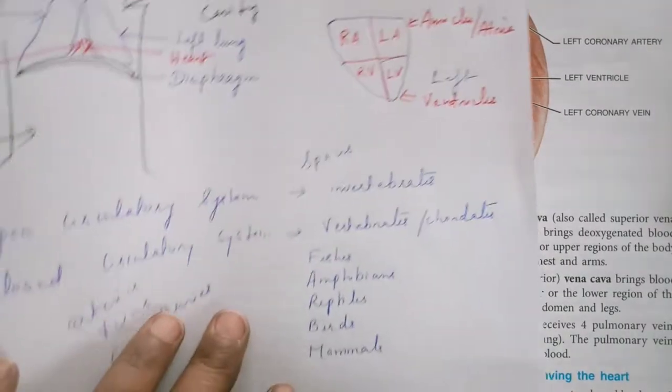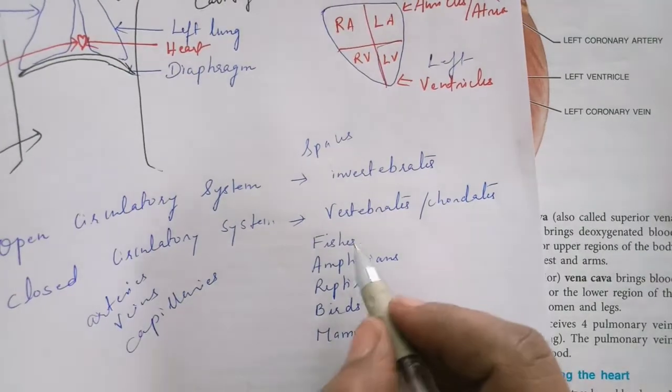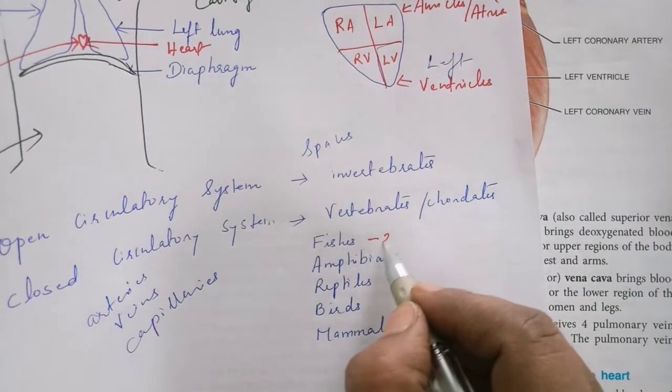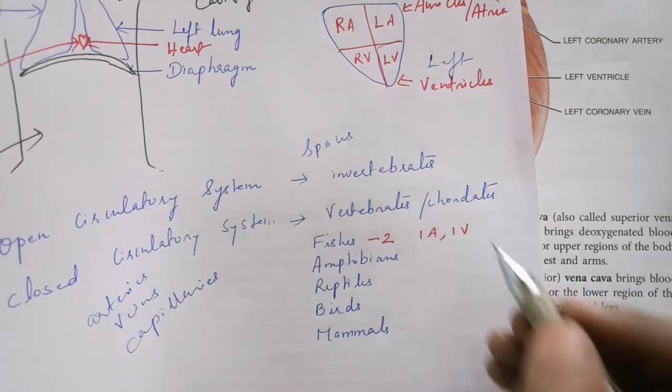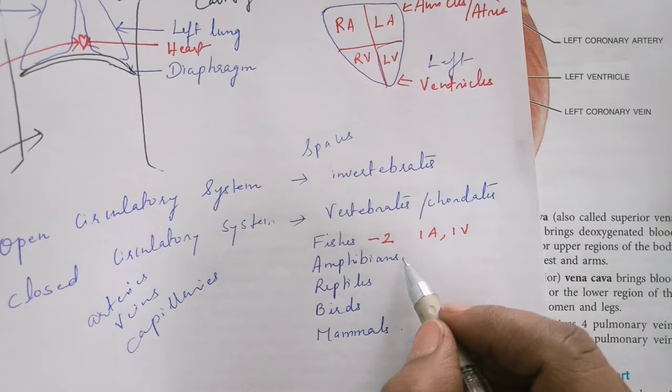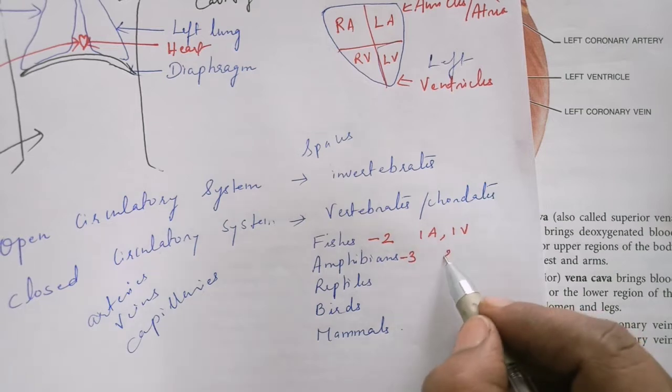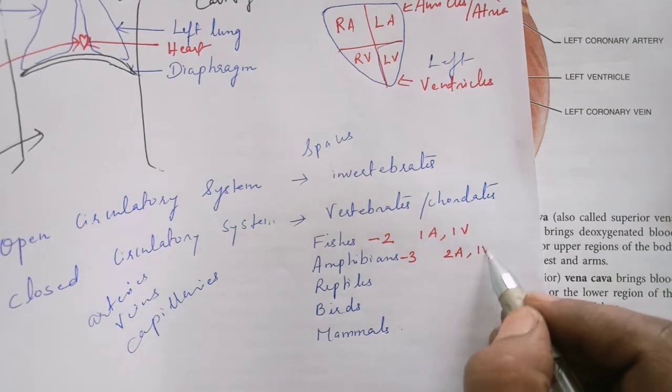But students, it is interesting to know that the fishes have only a 2 chambered heart, that is 1 auricle and 1 ventricle. The amphibians have a 3 chambered heart where 2 auricles and 1 ventricle are present.